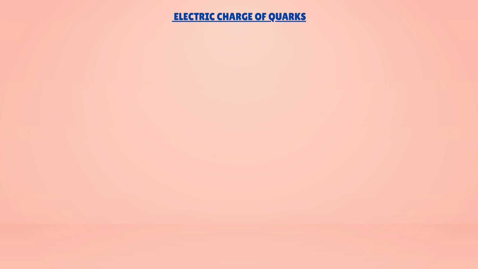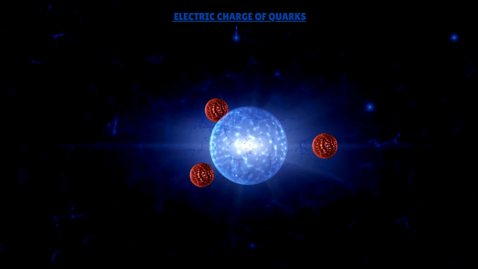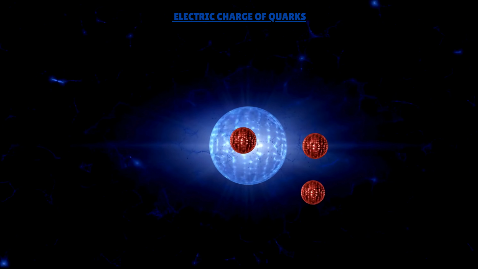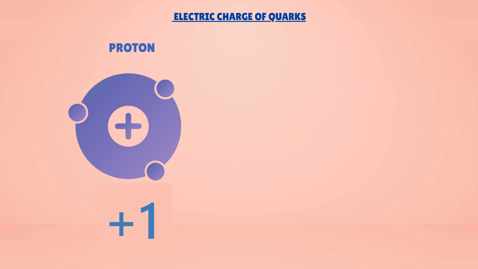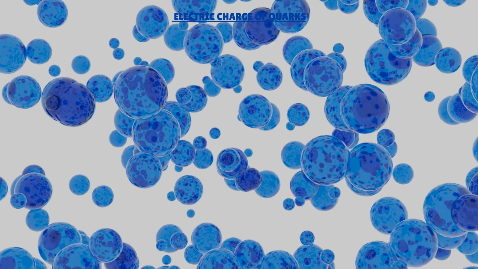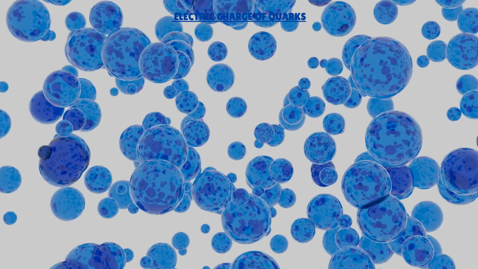Next, electric charge. Scientists looked at electric charge, whether a quark has a positive, negative, or neutral charge. Scientists already knew that protons have a charge of +1 and neutrons have no charge, 0. However, they didn't know that protons and neutrons are made up of smaller particles called quarks.